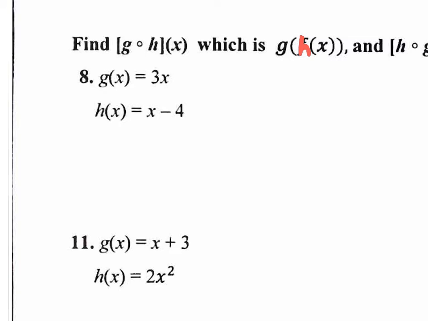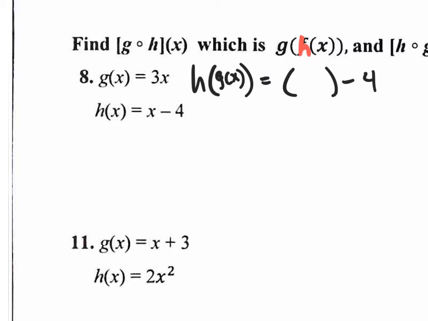So again, they want us to plug the g into the h and then the h into the g. Let's start by writing both notations. Let's plug the g of x into the h of x function. What does my h of x function look like? It reads x minus 4. So instead of x, I put parentheses, and the minus 4.